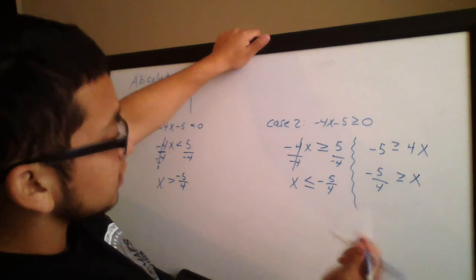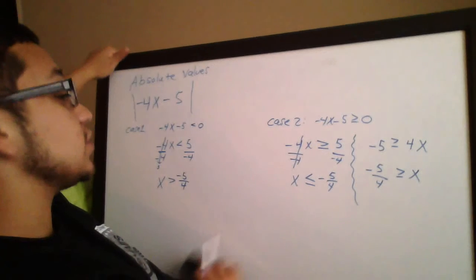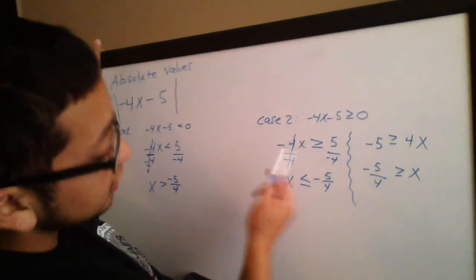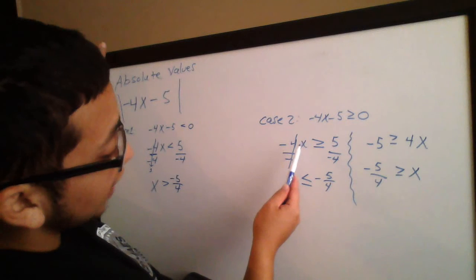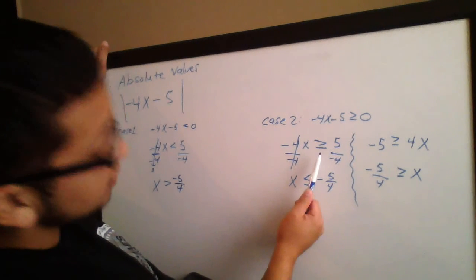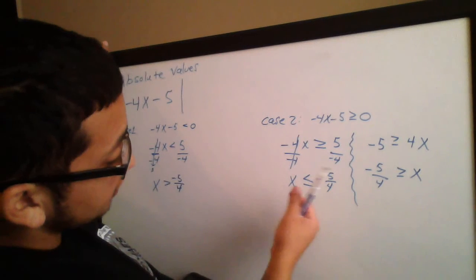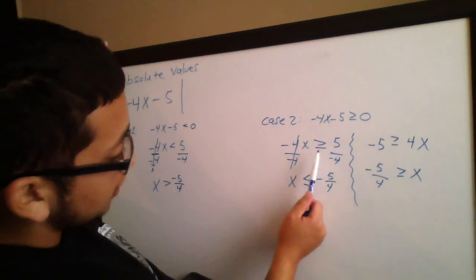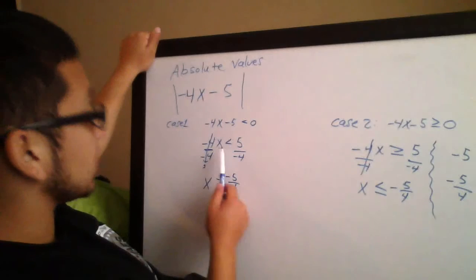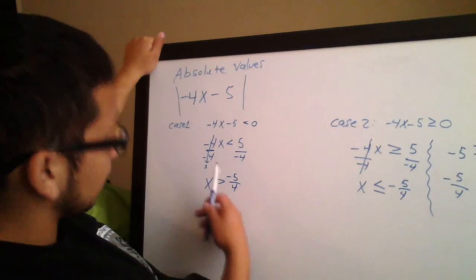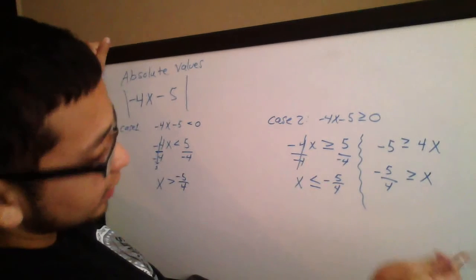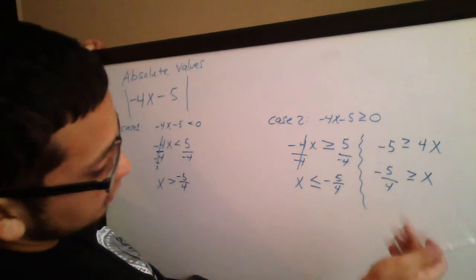Same answer. So remember, anytime you have a negative constant in front of your variable and you divide it over to the other side and you have an inequality, that means you have to flip the sign. You go from greater than or equal to, to less than or equal to, and in this case, less than to greater than. If you just want to do it the other way and don't have to worry about flipping the inequality, that's fine.